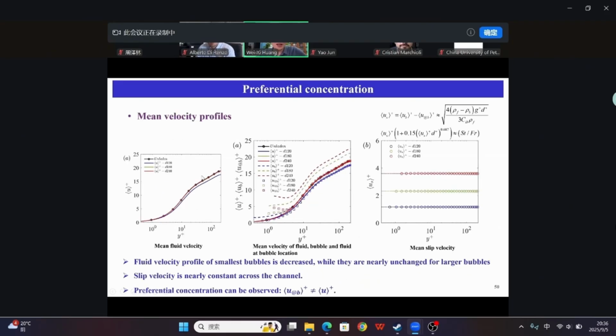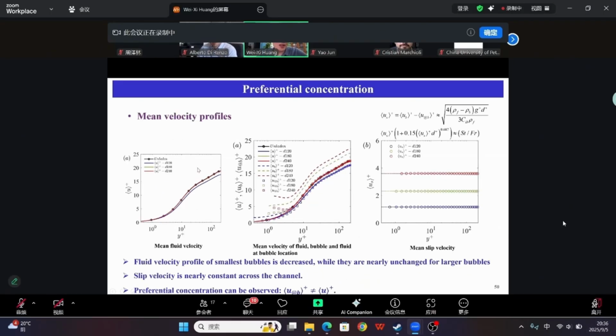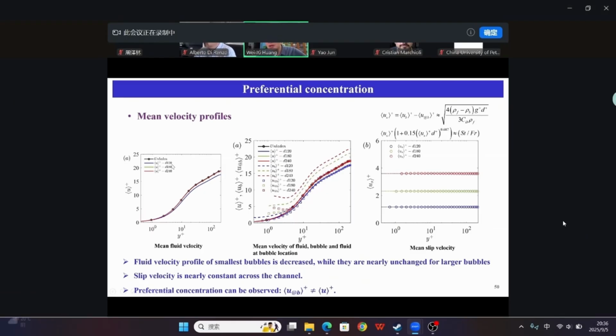Okay, now we show some statistical results. This is the mean velocity for the small bubble. It shows some difference, a lower mean velocity. But for the increased bubble size, it shows almost the same results. Comparing the bubble velocity and the flow velocity, we can see the bubble velocity is higher than the flow velocity, so it shows a very constant slip velocity across the channel.